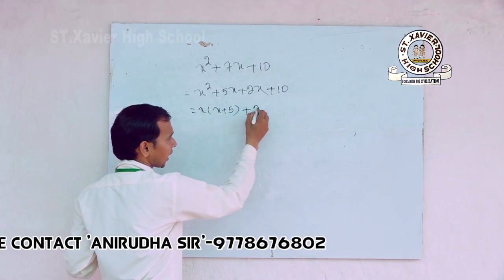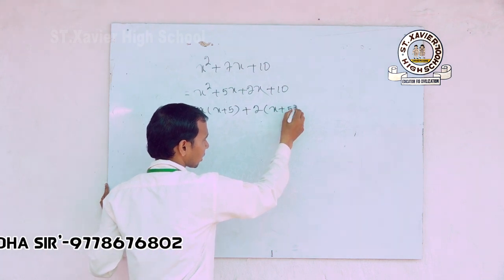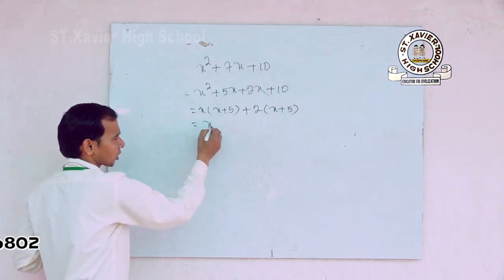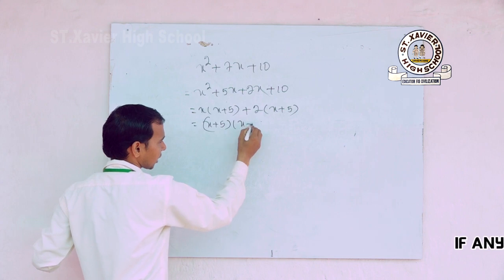From the last two terms we take 2 common, and after taking 2 common you get x plus 5. From both, x plus 5 is common, so then you get x plus 2.